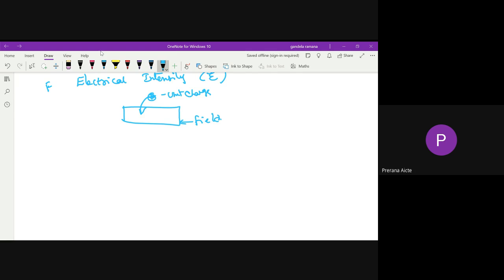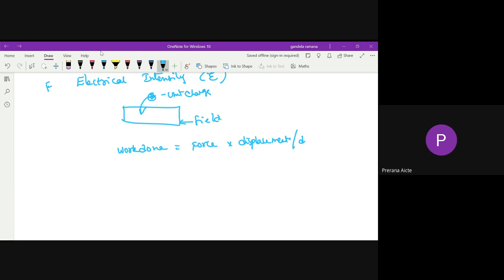Here we have to mention force and work done. Work done is equal to force into displacement or distance.